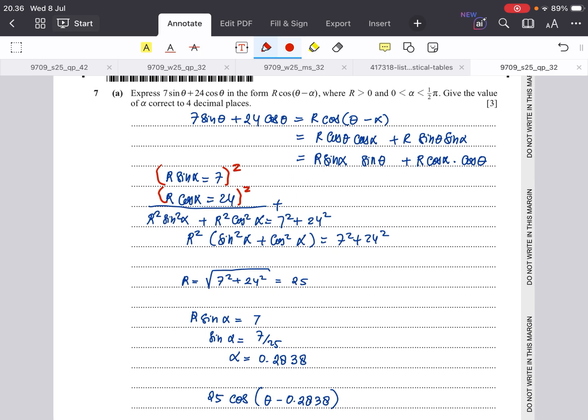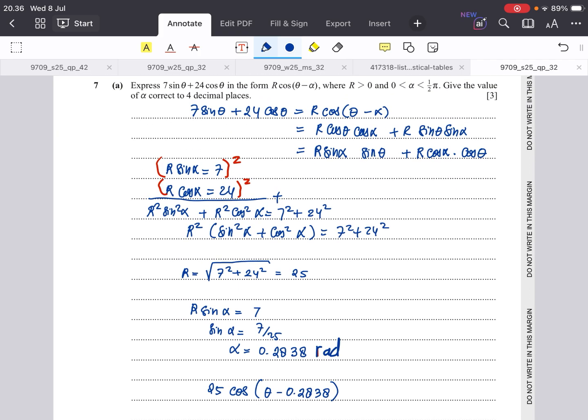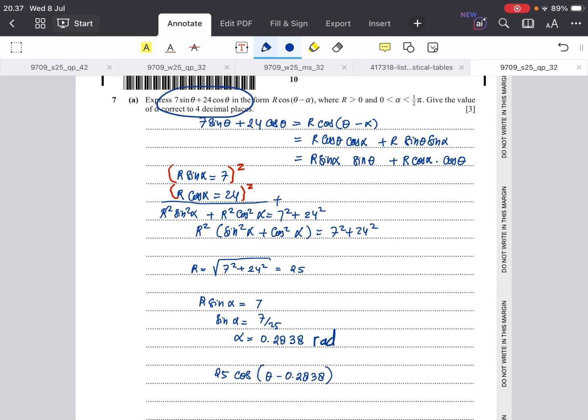So alpha is 0.2838 radian, since alpha in this question must be in radian. So we can write 7 sin theta plus 24 cos theta into this form: 25 cos of theta minus 0.2838 radian.